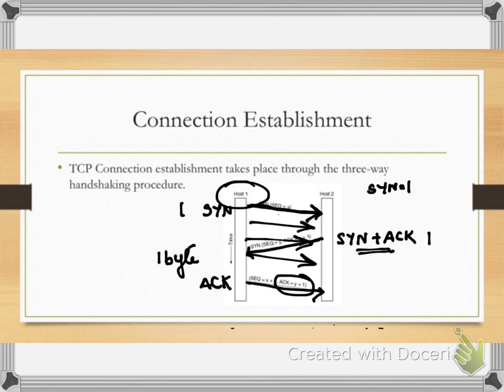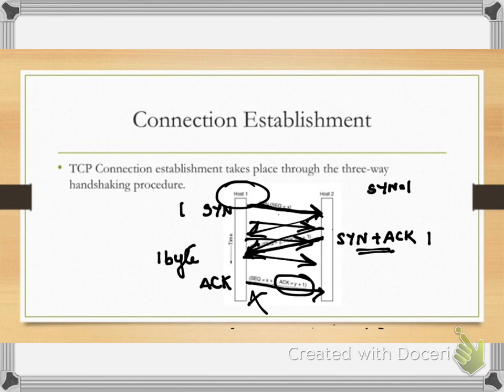Every time a SYN message is received, host 2 will send an acknowledgement. Host 1 will not send back anything. It is like pressing somebody's calling bell and then running away, and every time host 2 has to go and open the door.